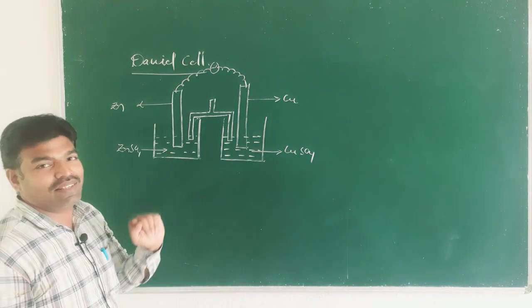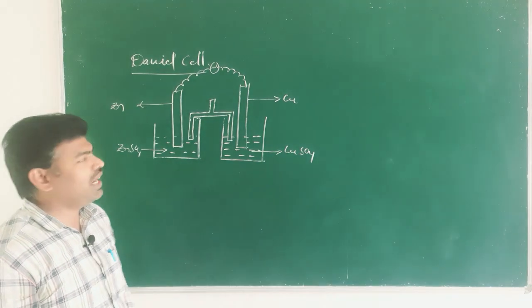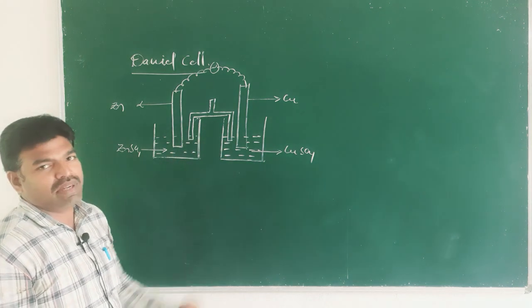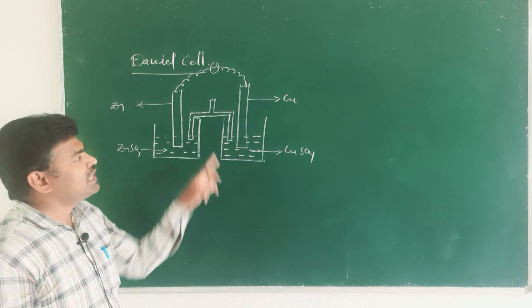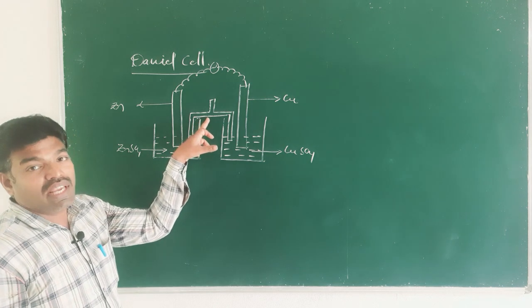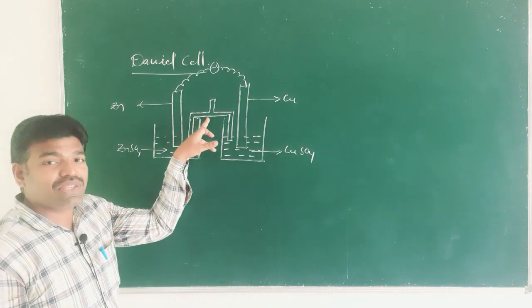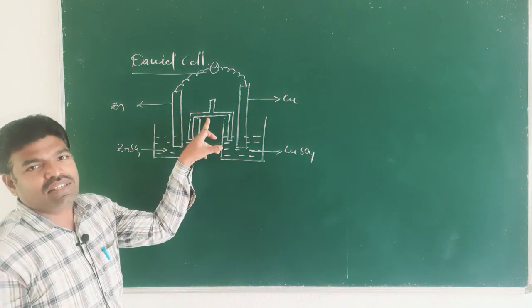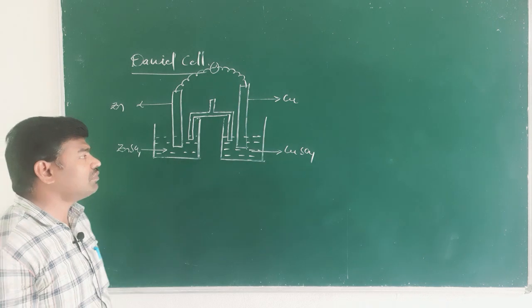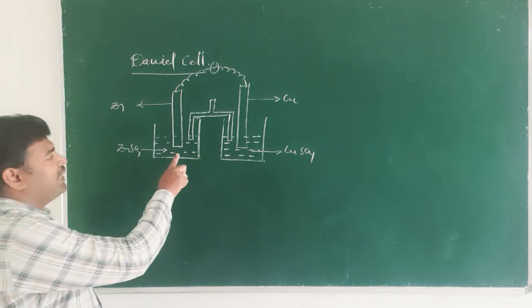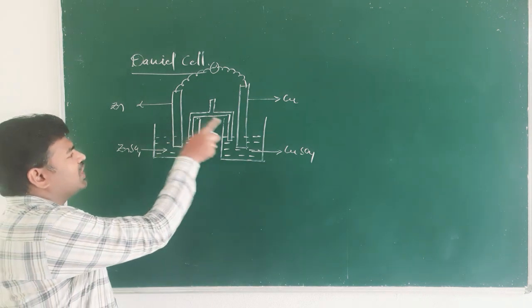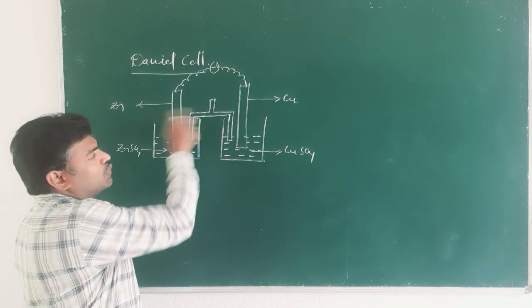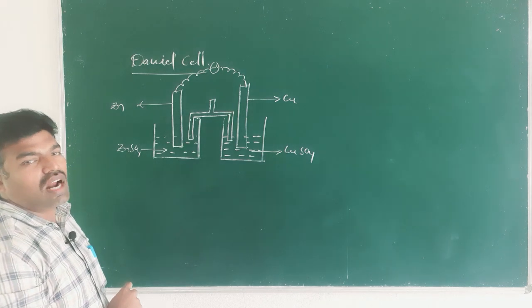Usually we call it a salt bridge. So a salt bridge is an inverted U-shaped glass tube filled with KCl solution.